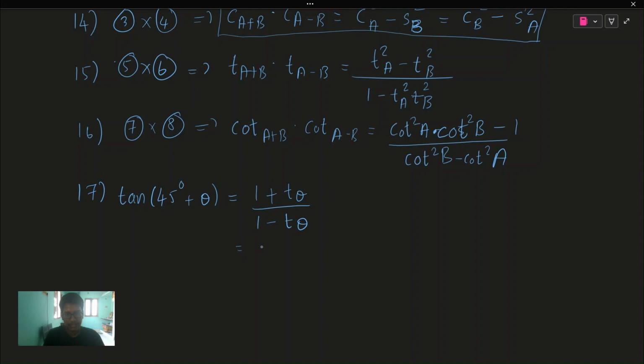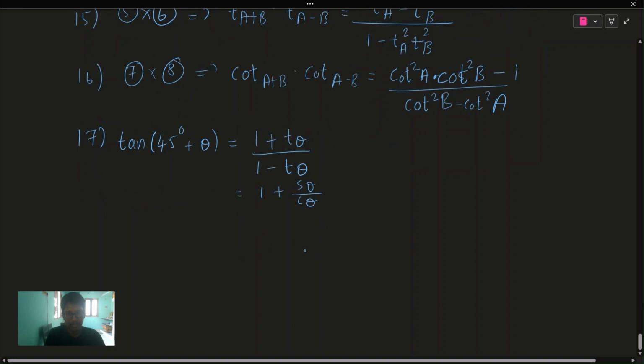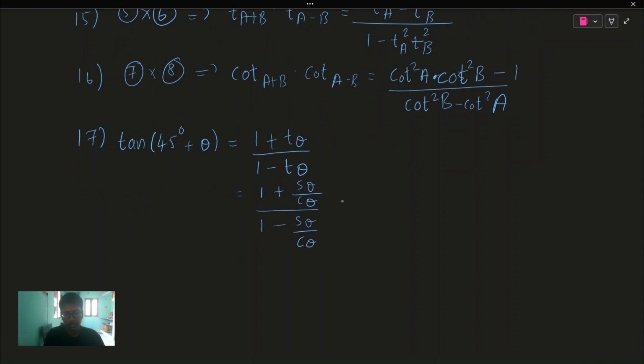Now, let's substitute tan theta as sin theta divided by cos theta, in the same way for the denominator, 1 minus sin theta by cos theta. We would get cos theta plus sin theta divided by cos theta, and the same way, cos theta minus sin theta divided by cos theta. So cos theta cancels.